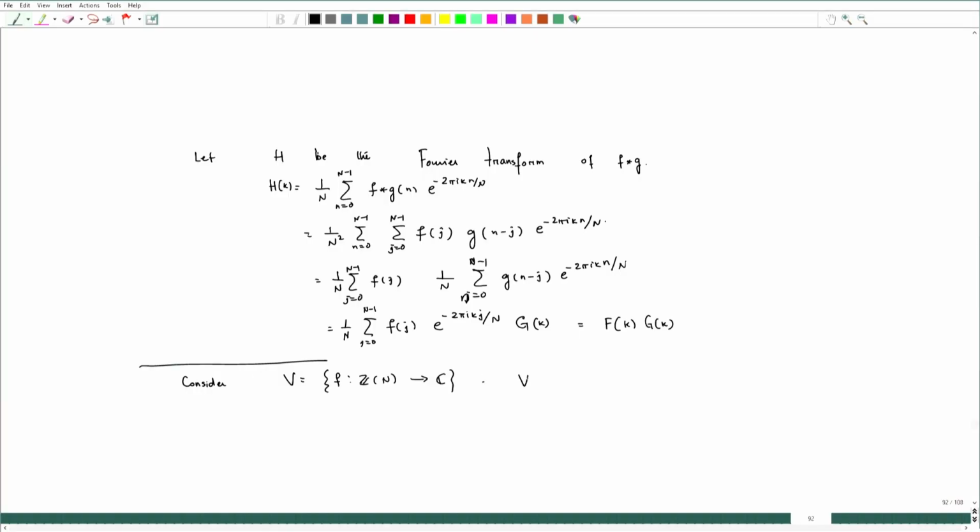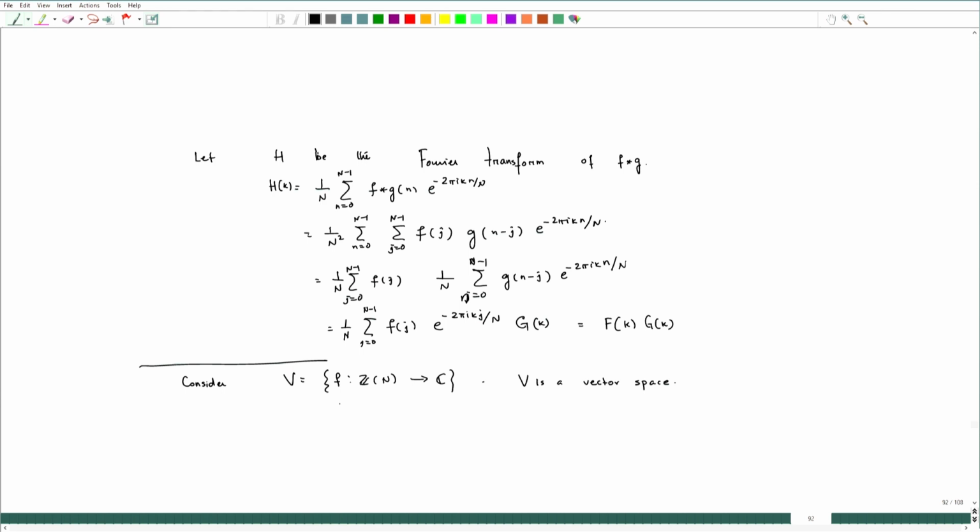So V is a vector space. Now, if it is a vector space, then it must have basis elements. So what are the basis elements of this?